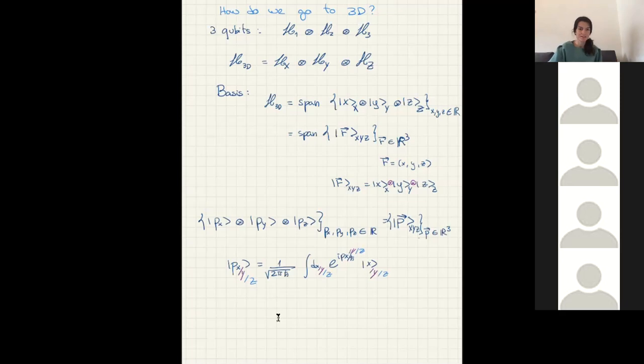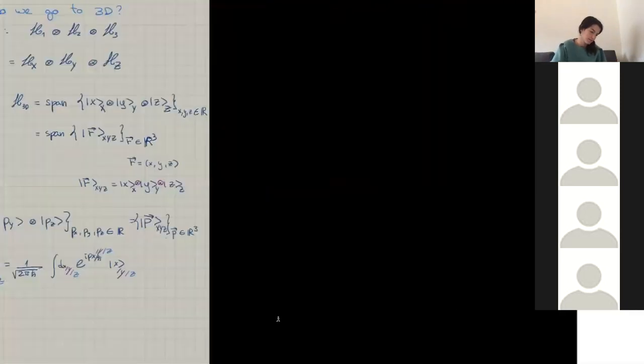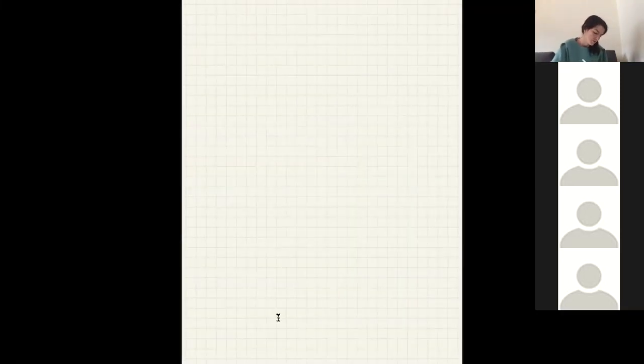So what's the wave function then in 3 dimensions?